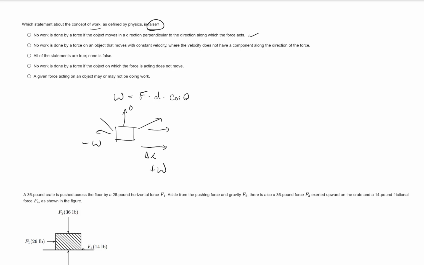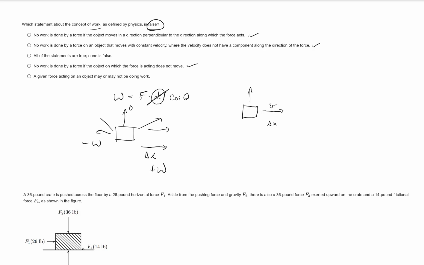So what that's saying is that if something has a velocity this way, that means its displacement is also this way. And then it's saying that the force is perpendicular too, so that's the same thing, so that one's fine. No work is done by a force if the object on which the force is acting does not move. So if there's no displacement, then there's no work, so that one's fine.